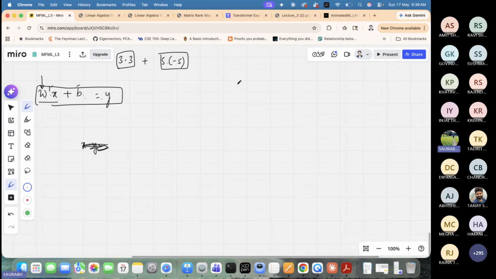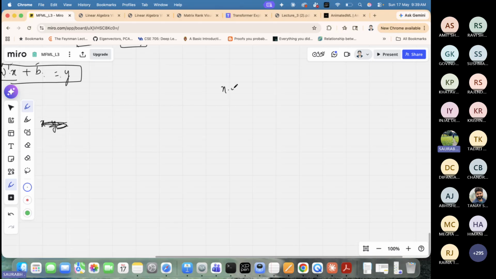When I say dot product, X dot Y, think of it as X dot Y can also be written as X transpose Y, which can also be written as X transpose I times Y, because the identity matrix you can also see as 1 0 0 1, and then you have the Y vector.